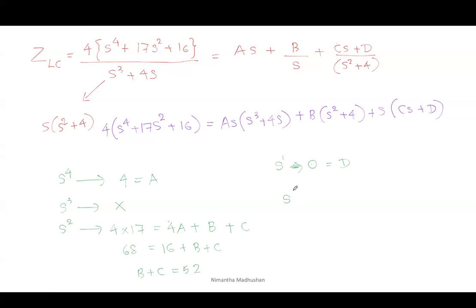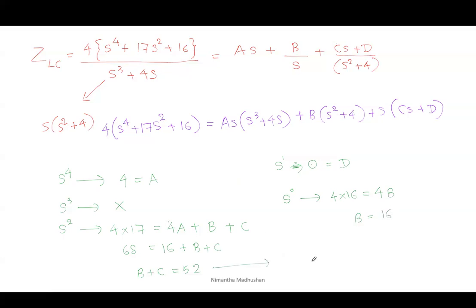Then I consider s to the power 0. From the left hand side, 4 into 16, is equal to, from the right hand side, 4 into B. B is equal to 16.